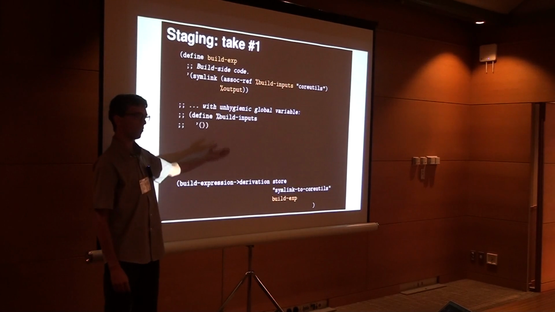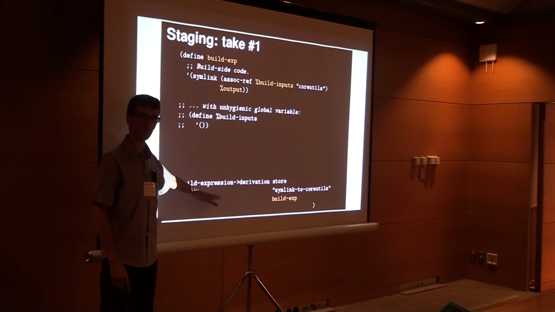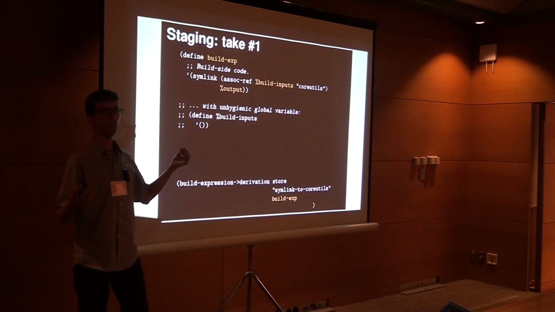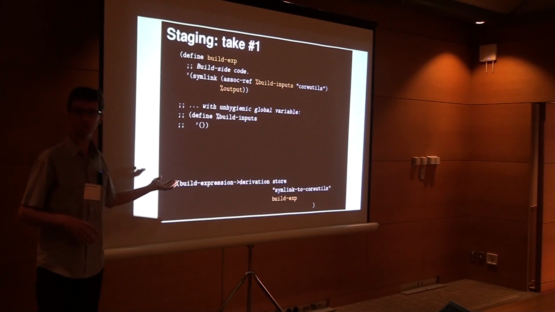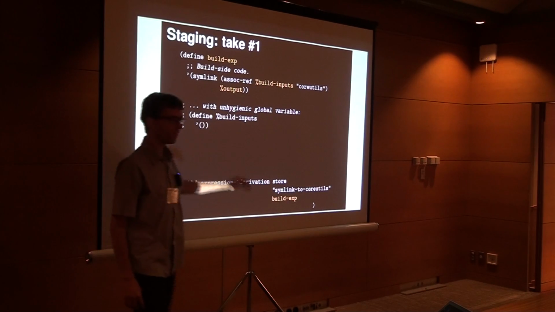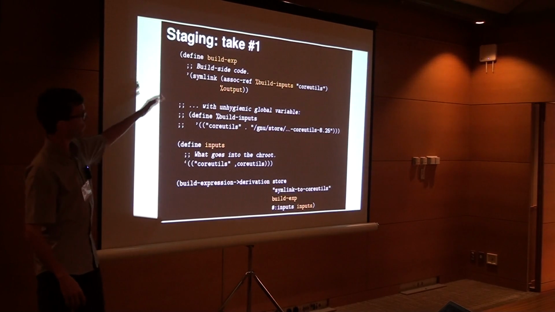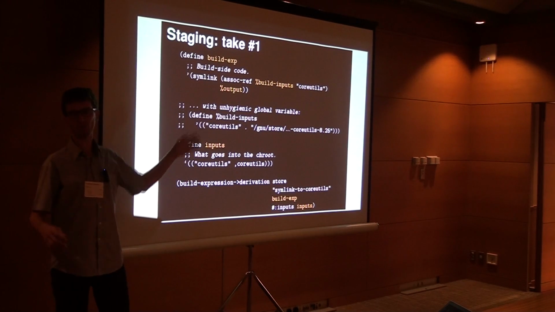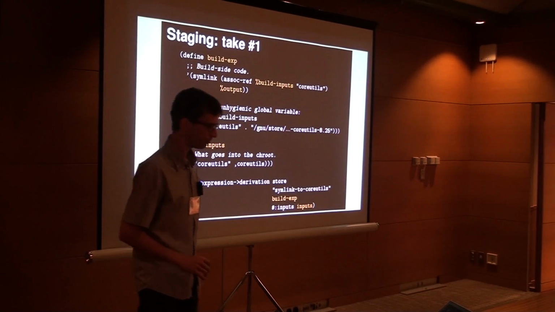So at compile time, everything will go fine, but if I try to actually build that derivation, then I will get an error. It's a bit too late to get an error. What we would like instead is to get an error right from the beginning, as soon as possible. Plus the fact that we need to carry this list of inputs in different places is a bit redundant. Plus we have these unhygienic global variables. So this was not so great. We needed a better way.